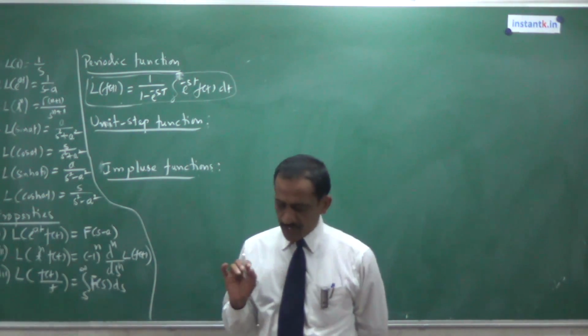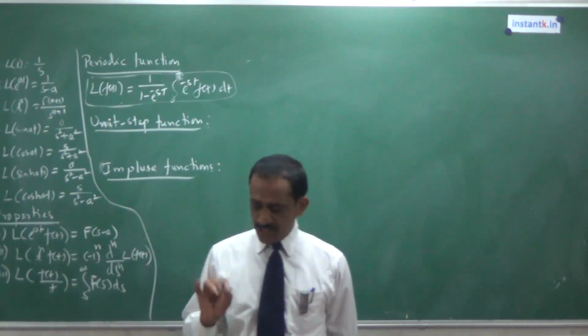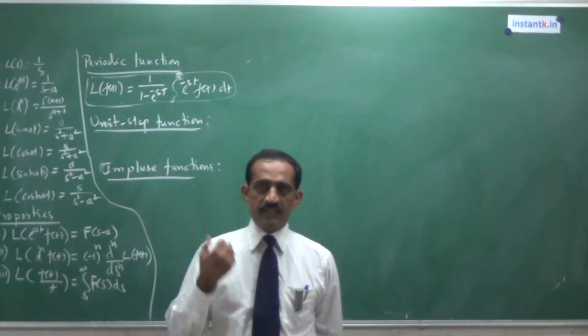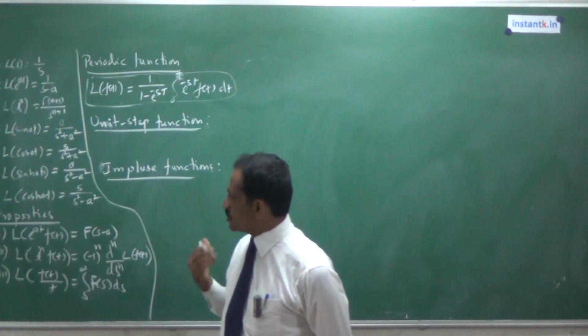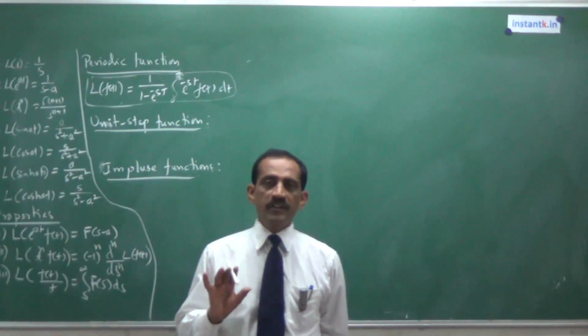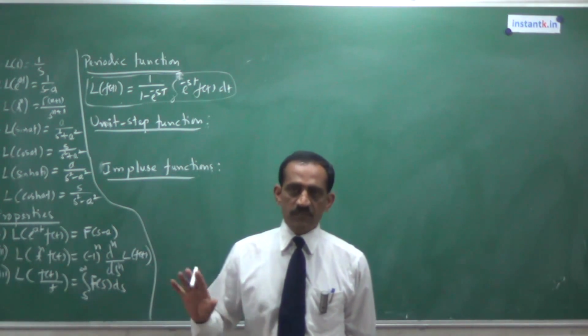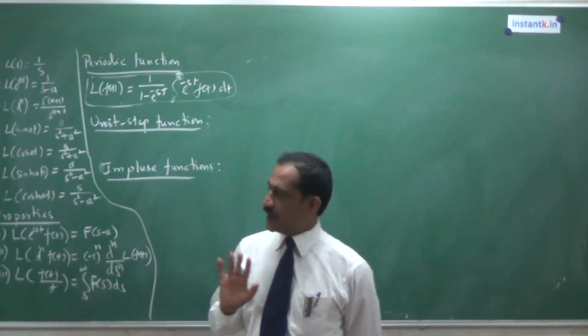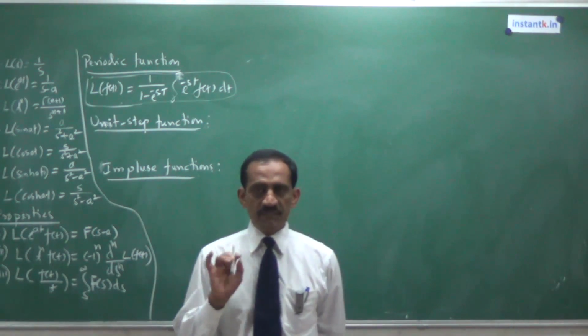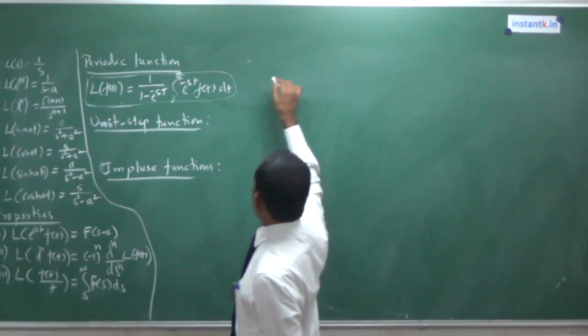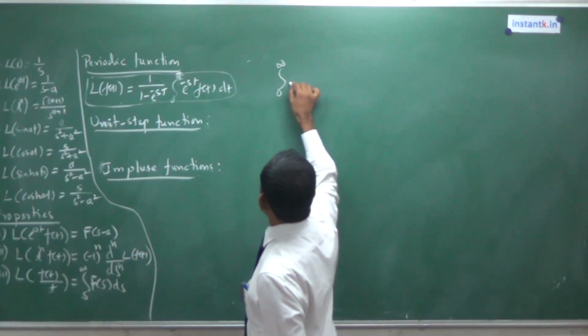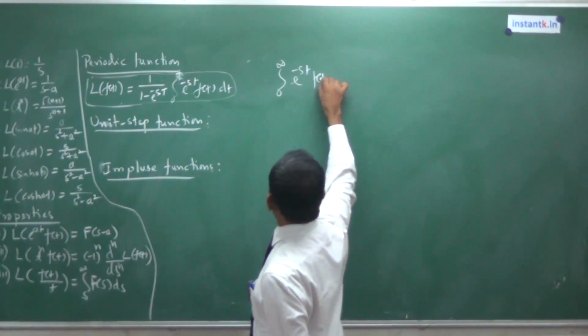So in order to write the answer for this question, what theory you should know is, first of all, what you mean by Laplace transform. The definition should be known perfectly. So Laplace transform of a function f of t is defined as the integral from 0 to infinity of e power minus st into f of t into dt.